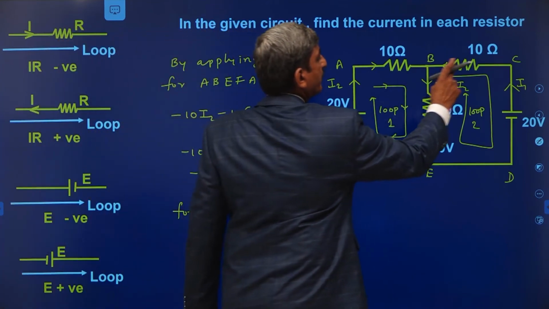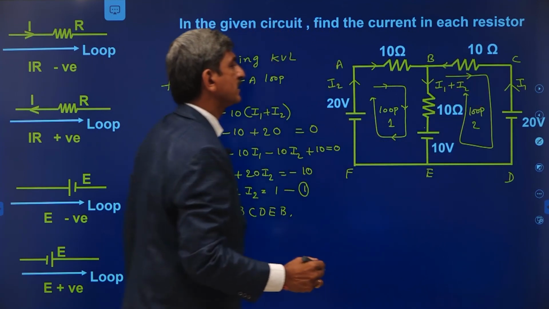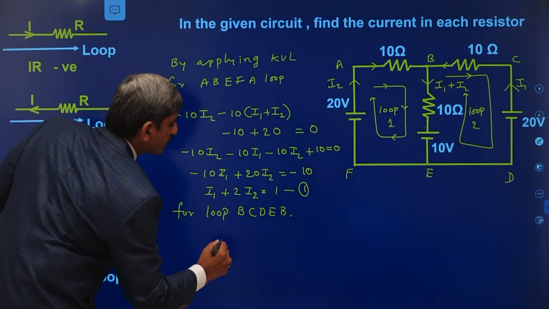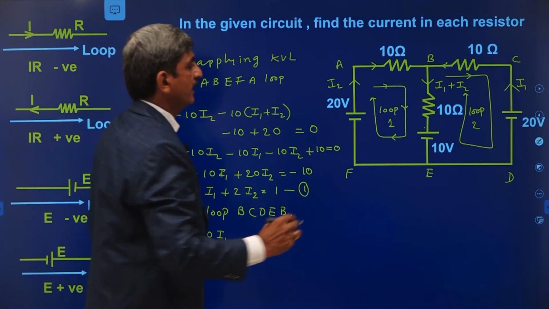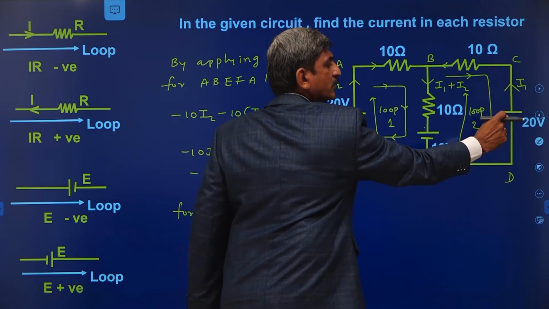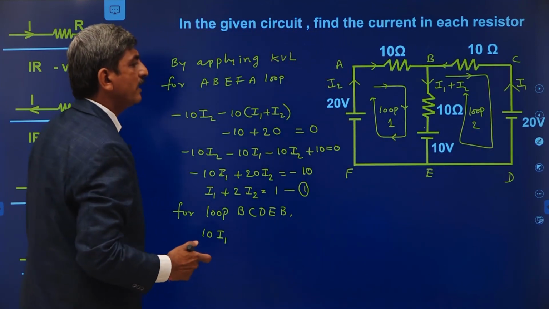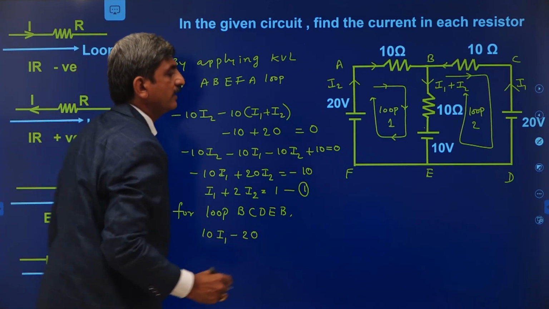When we are moving from B to C, the direction of the current and the direction of the loop are in the opposite direction, so IR is positive, 10 I1. Next, when we are moving from C to D, we are moving from the positive terminal to the negative terminal of the battery. EMF is negative, minus 20.